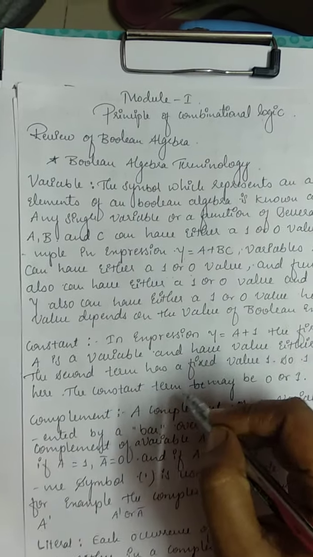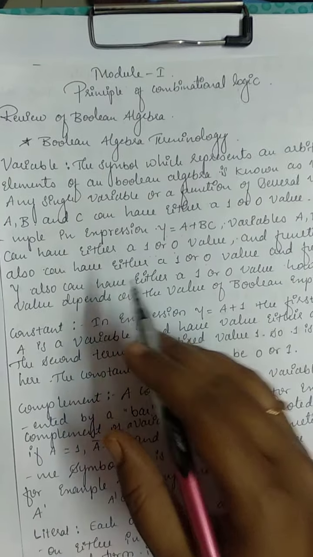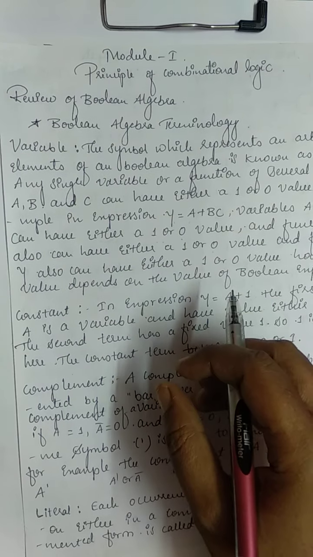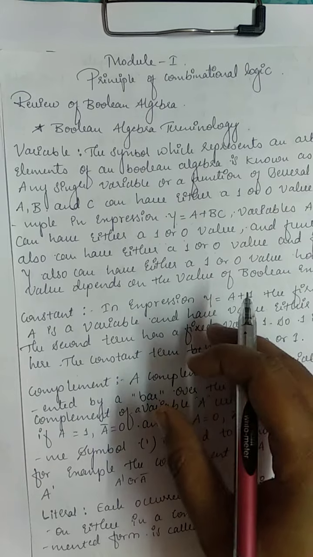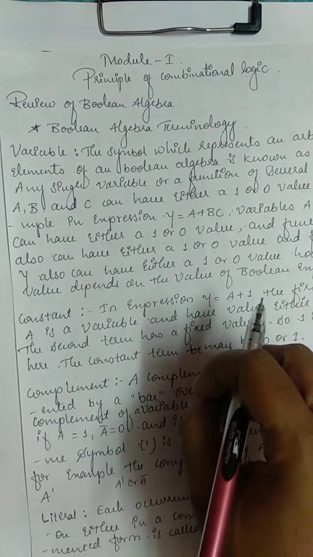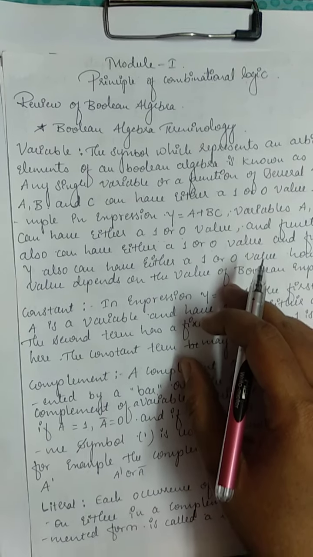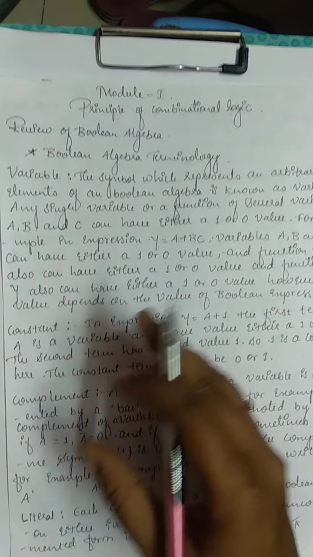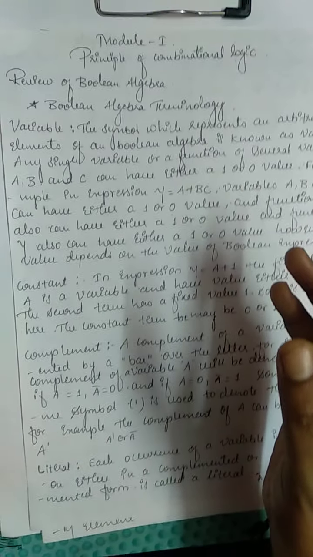After that we have studied the Boolean algebra terminology. In that we have studied variable, constant, complement and literal, and how these operations take place in the logic gates. Under the variable, the value may vary; it may be either 1 or 0.